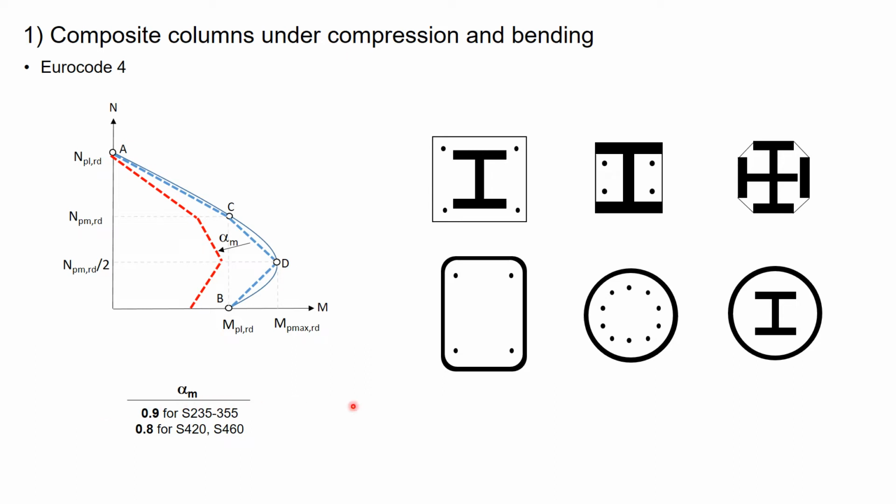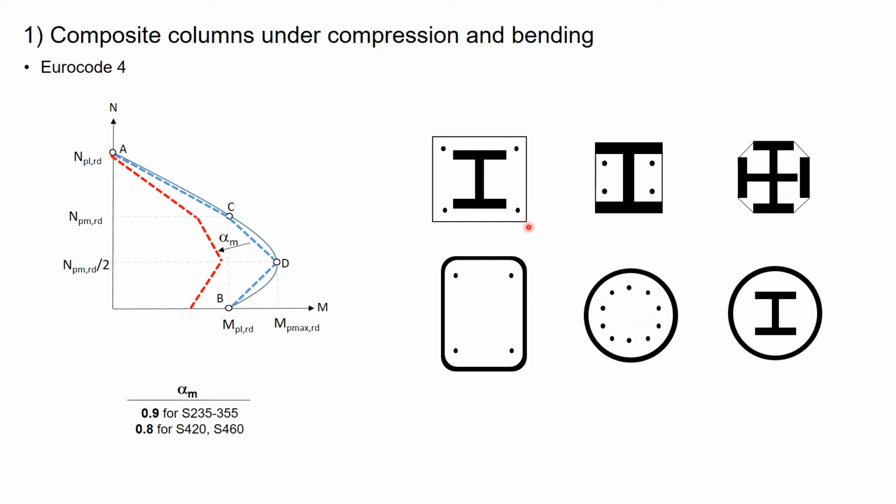But the thing we have to investigate here is these sections. Of course, they differ in many things in geometry, but one of them differs more than the others. It's the concrete encased steel section, because this kind of section has the concrete on the exterior, and as long as the concrete reaches its ultimate strain, it will mean that the column reached its capacity.